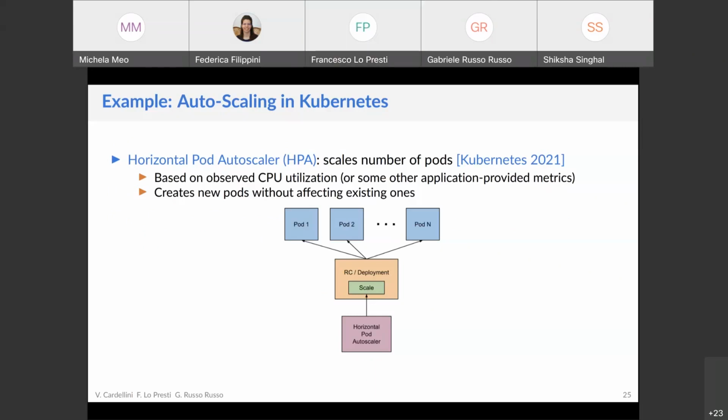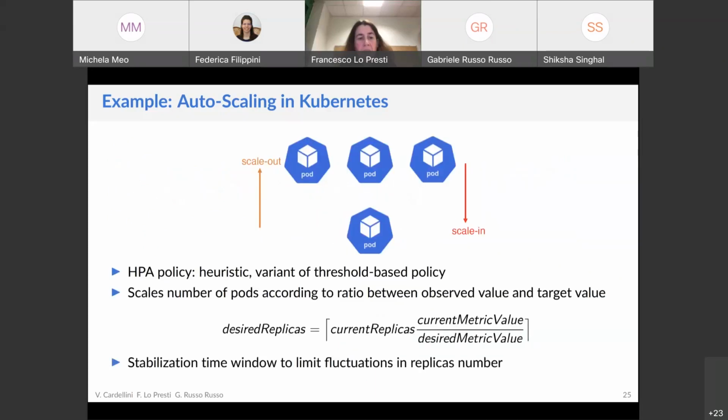And the policy is based on CPU utilization or some other metrics that you can gather from the metric server of Kubernetes. The policy used by Kubernetes is a simple heuristic policy, which is a variant of the threshold-based policy that we have seen before.